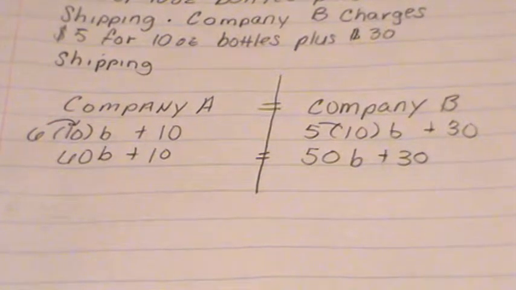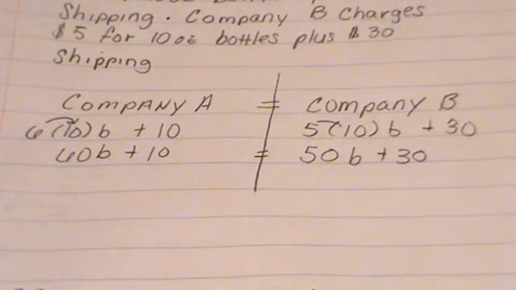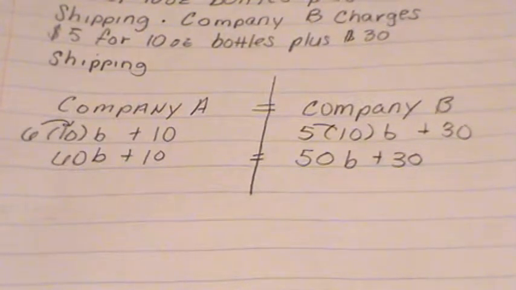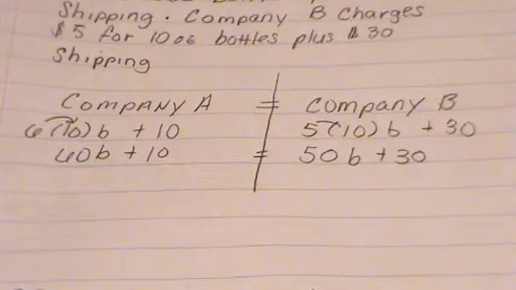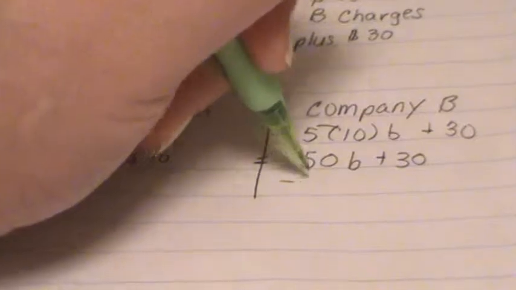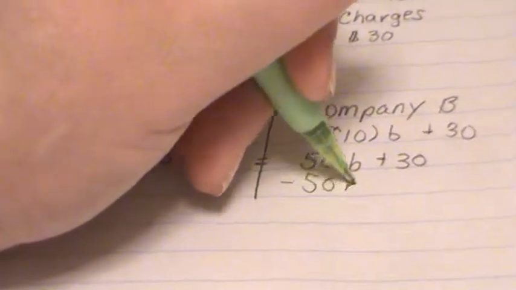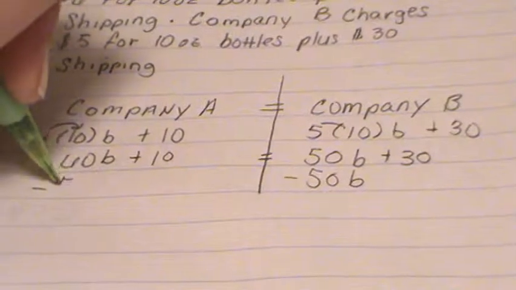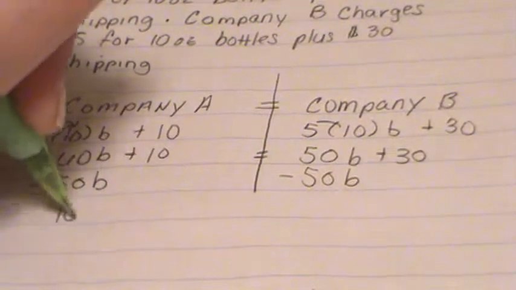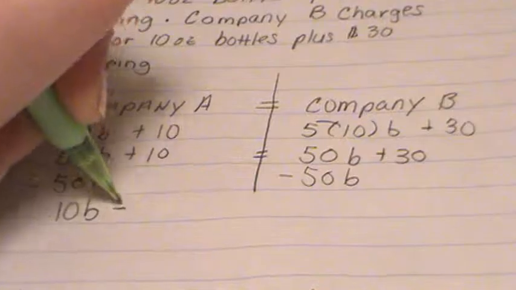Second step, combine like terms. We do not have like terms. 60B and 50B are not considered like terms because they are on opposite sides of the equation. So we're going to stay with the factor where we're always trying to get the variable on the left hand side if possible. So I'm going to subtract 50B from both sides. I add straight down, I get 10B plus 10.